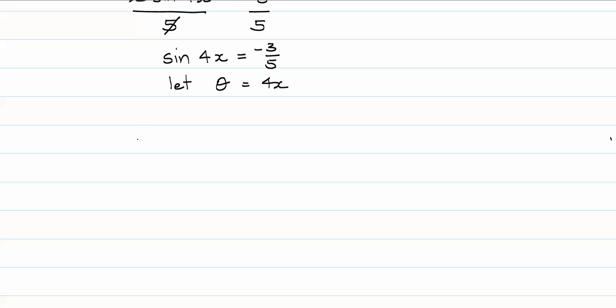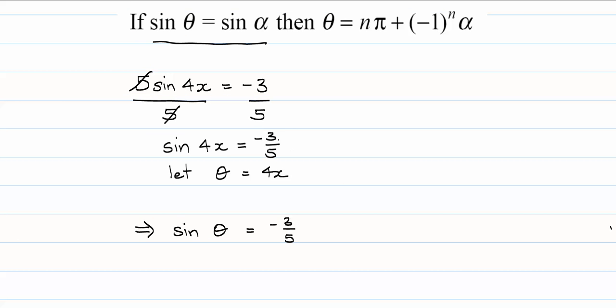Our equation now becomes sine of theta is equal to the number -3 over 5. If we compare that to the statement from the formula sheet, we can see our equation now looks like the equation in the formula sheet, and so we can now apply this statement as our general solution.